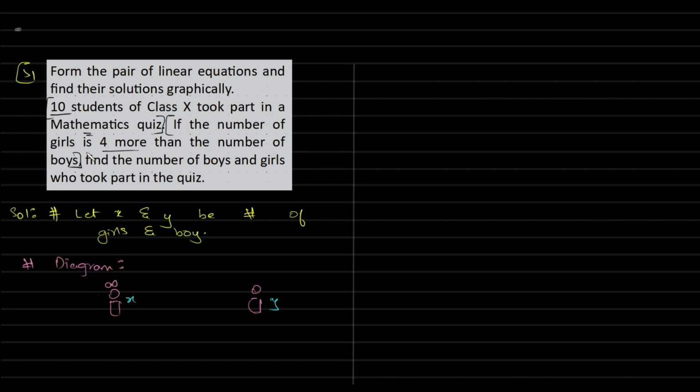So when they come together, as a group, they are 10. And individually, they're related as the number of girls is 4 times the number of boys. Something like this, right? So this we need to convert to equation form.